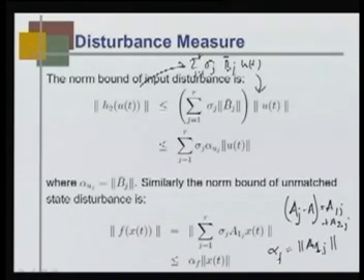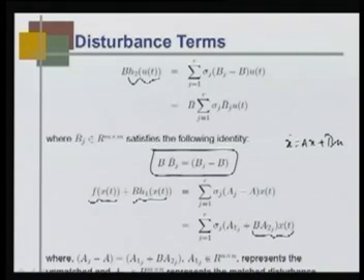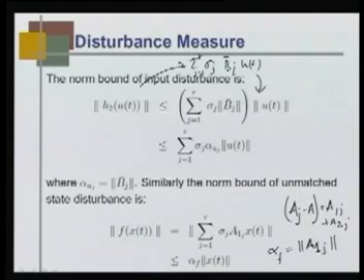This is what we have shown earlier. So the induced norm of A 1 j is alpha f, meaning the maximum singular value of A 1 j.